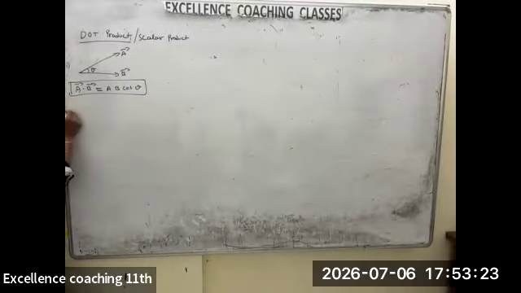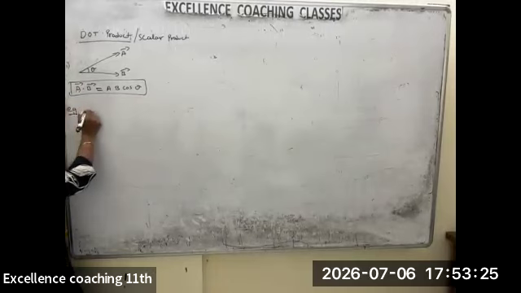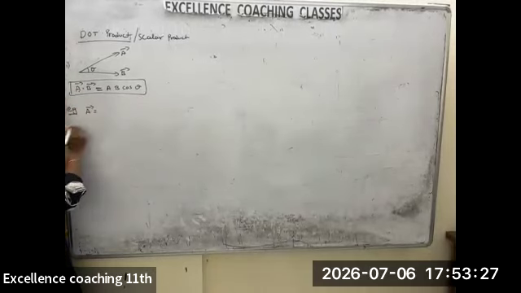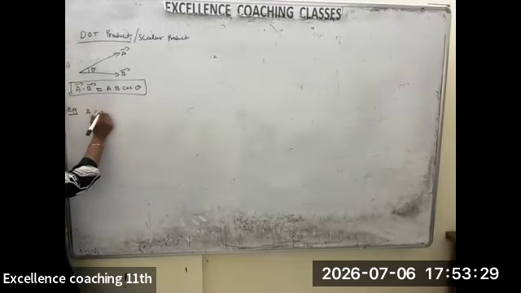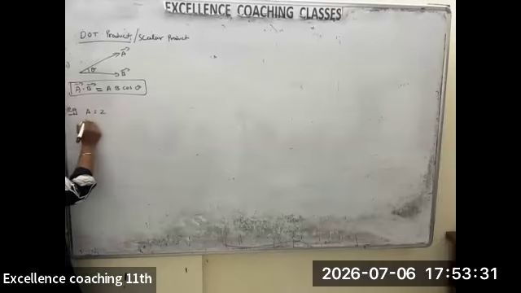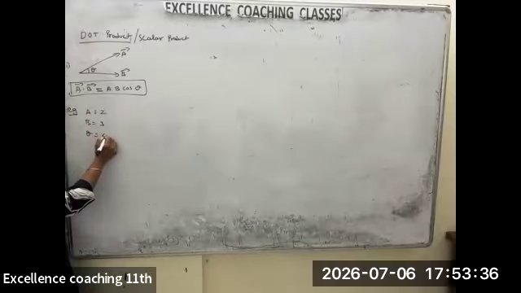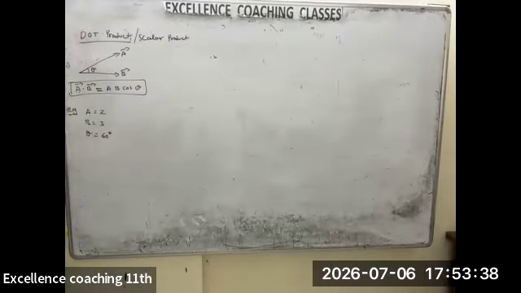Okay. So say for example, I'll take one example. If A is given as 2, B is given as 3, and theta is given as 60 degree. What will be A dot B? A and B can be given in values, theta will be given in value. What will be A dot B? Tell me.